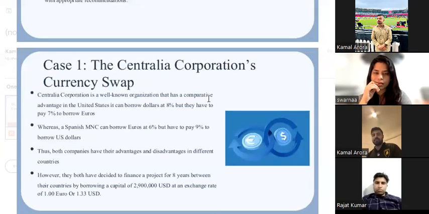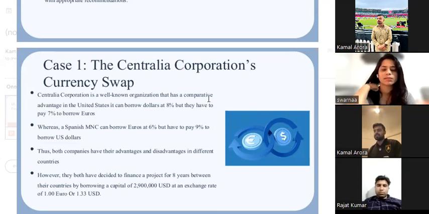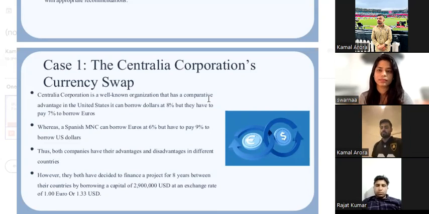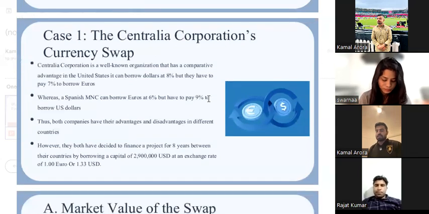So, I will start from case one: the Centralia Corporation currency swap. Centralia Corporation is a well-known organization that has a comparative advantage in the United States. It can borrow dollars at 8%, but it has to pay 7% to borrow euros. Whereas a Spanish MNC can borrow euros at 6%, but has to pay 9% to borrow US dollars.